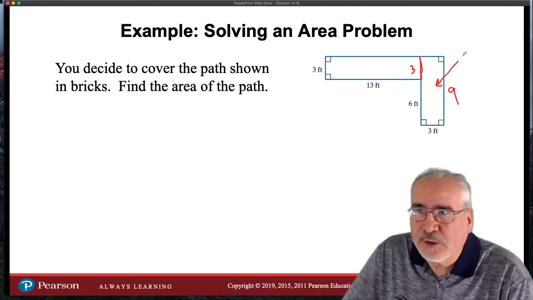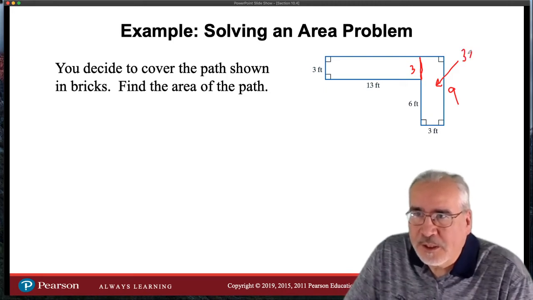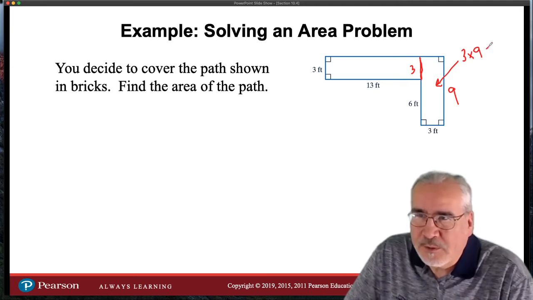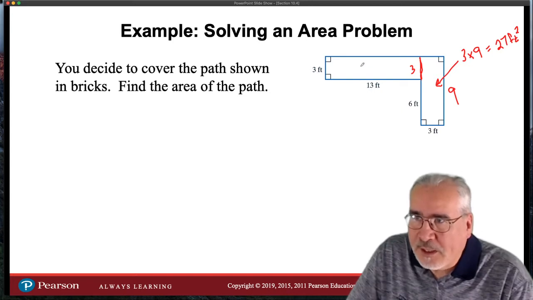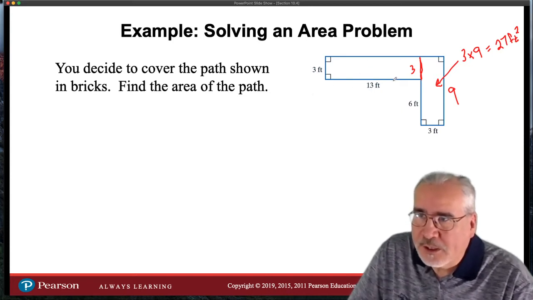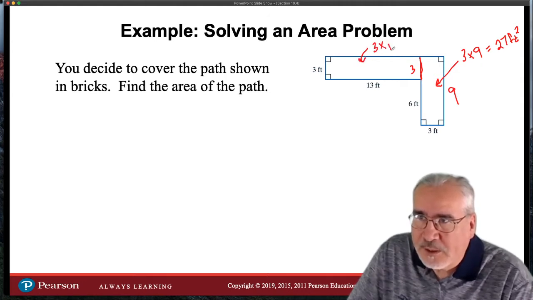So the area of this part I calculate as 3 times 9, which gives us 27. And again, it's going to be in square feet. And then this part here, this is 13 and that's 3. So that's going to be 3 times 13.